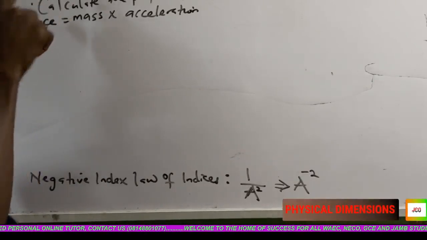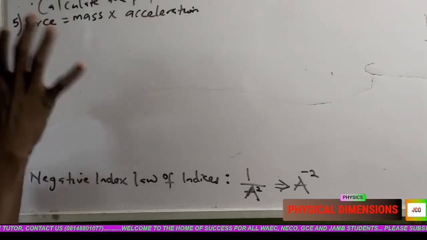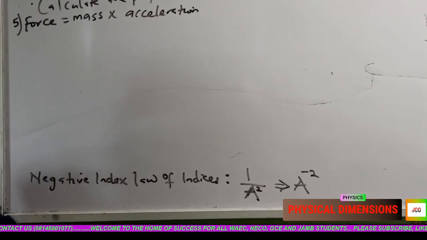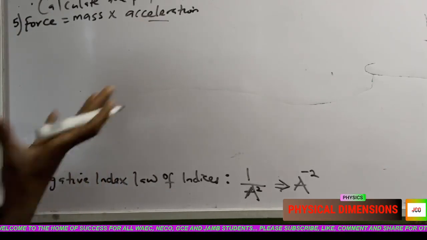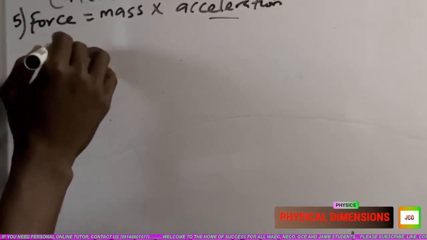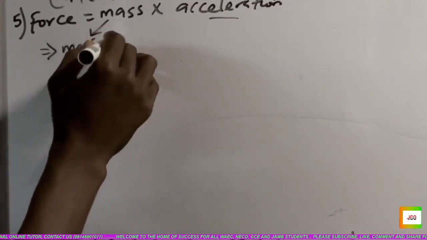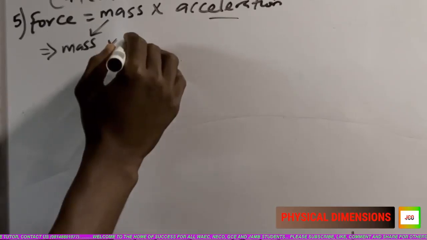Mass is a physical dimension. Then acceleration is not any of these physical dimensions. So this one that is not, we're going to open up with the formula. Mass itself is there. So mass, that is this, times, what is the formula for acceleration?